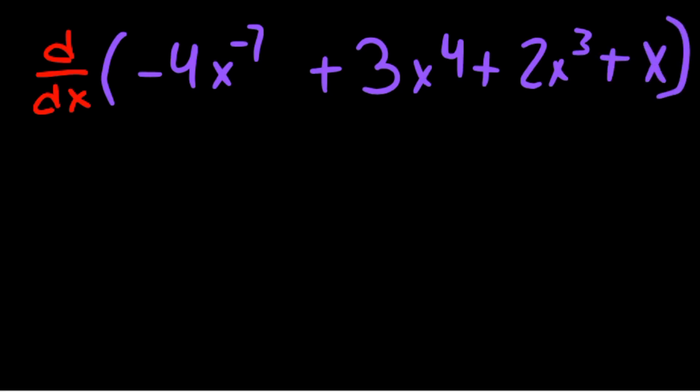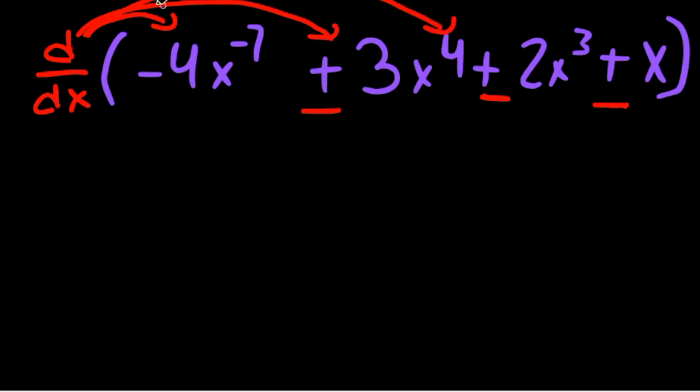Now, it looks daunting, but remember, it's just the sum rule here. So again, we're quote unquote distributing this d over dx to wherever there's a term right here.